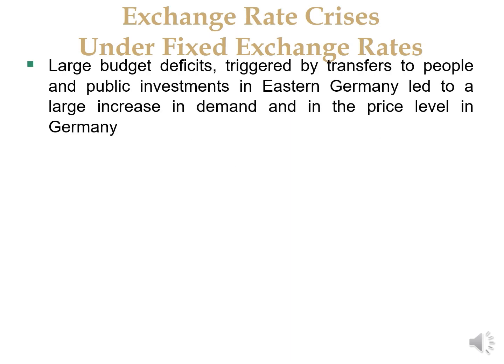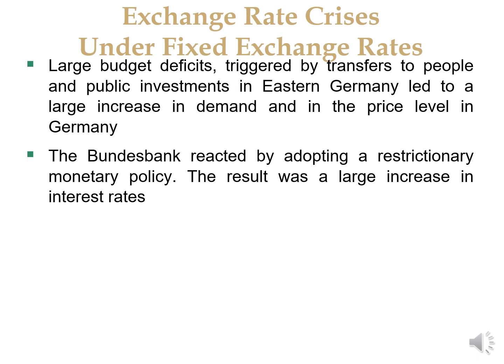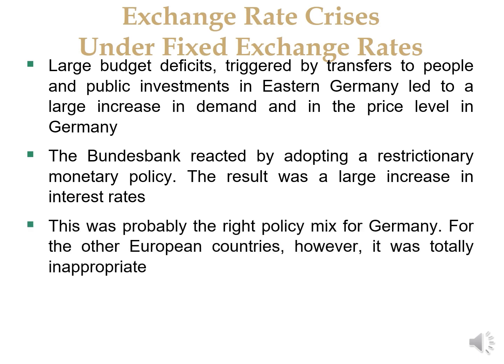Large budget deficits triggered by transfers to people and public investment in Eastern Germany led to a large increase in demand and in the price level in Germany. The Bundesbank reacted by adopting a restrictive monetary policy. The result was a large increase in interest rates.